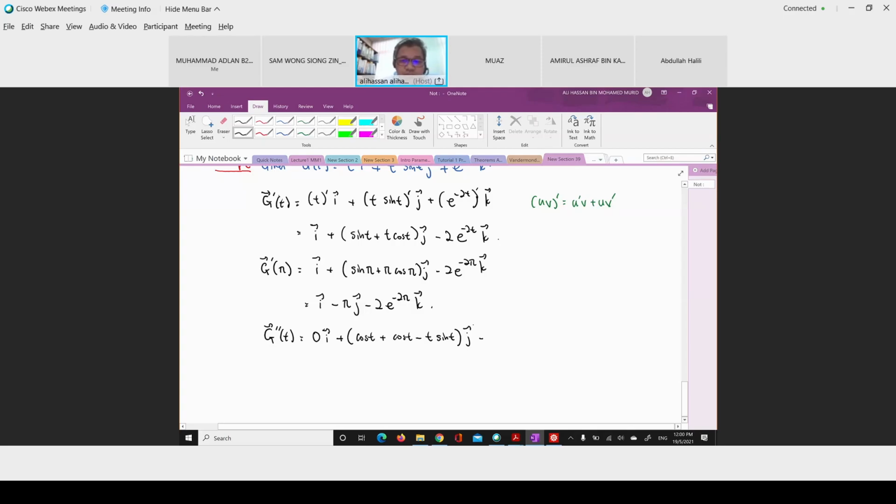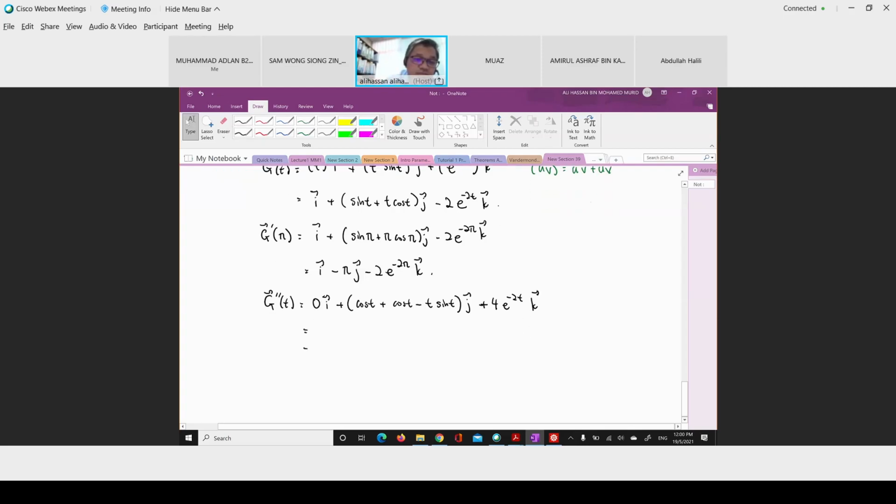This time we get plus 4 e to the minus 2t. So this is equal to 2 cosine t minus t sine t j plus 4 e to the minus 2t k. So there is no vector i there. That means the coefficient of vector i is equal to 0.